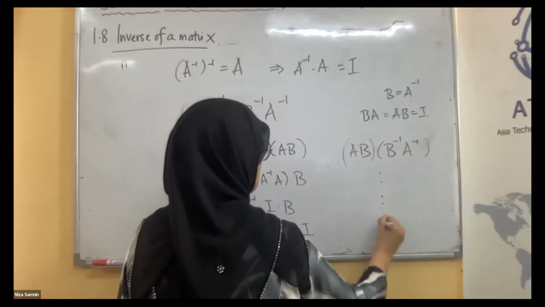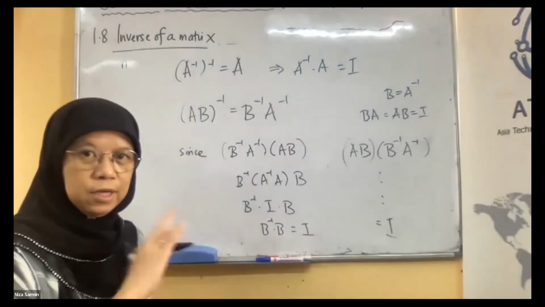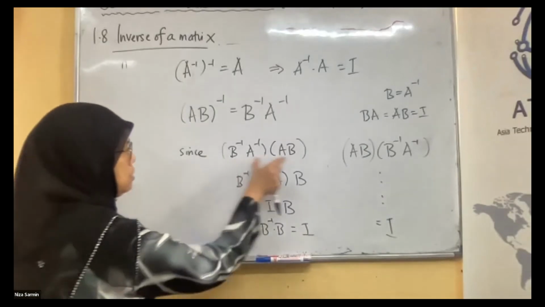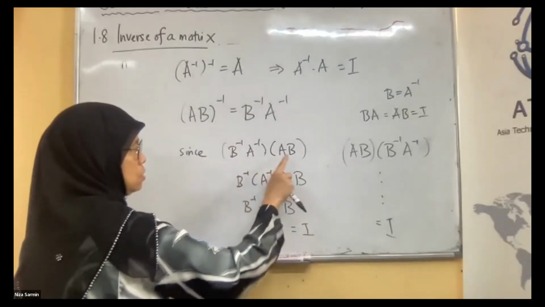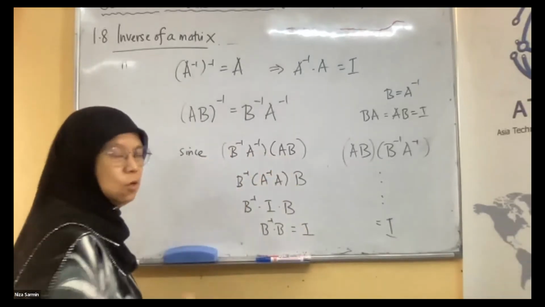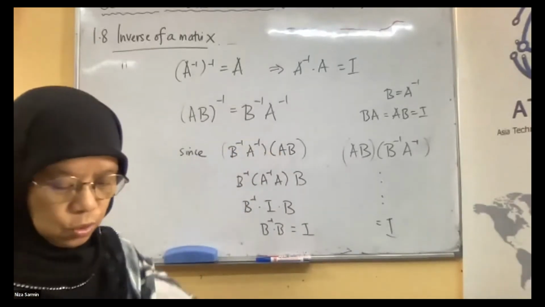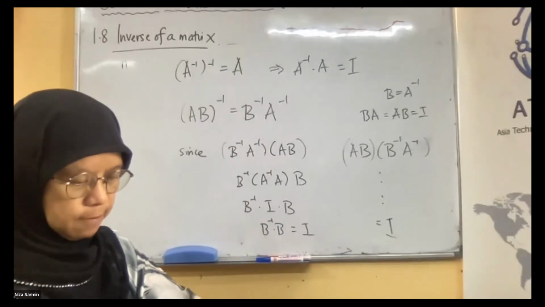Then you have to show both sides, left and right, are equal to the identity. When you multiply and get the identity, one is the inverse of the other. So this inverse is this, or this inverse is this. This is how you show something is the inverse.